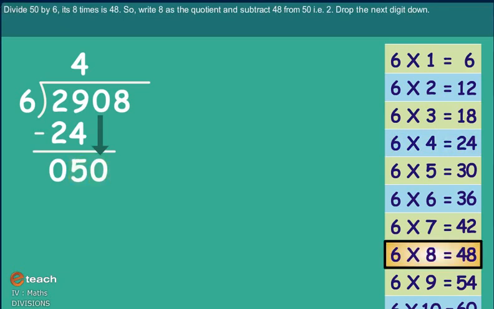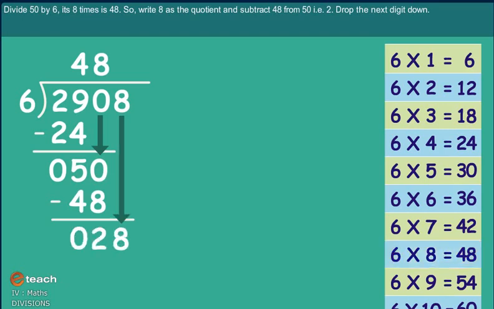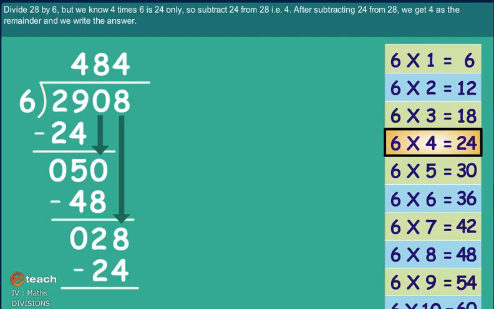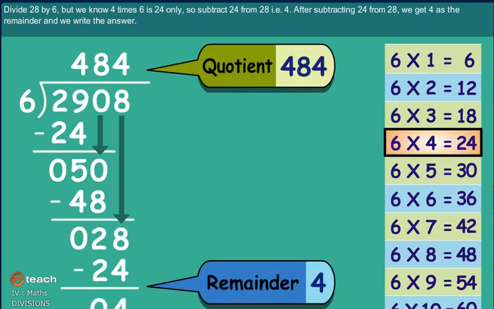So write 8 as quotient and subtract 48 from 50. Drop the next digit down. Divide 28 by 6. But we know 4 times 6 is 24 only. So subtract 24 from 28. After subtracting 24 from 28, we get 4 as remainder and we write the answer.